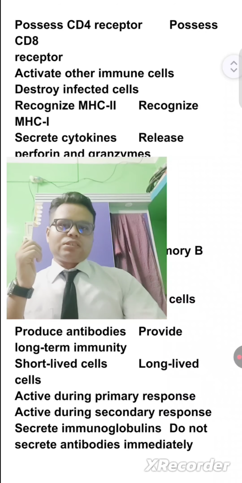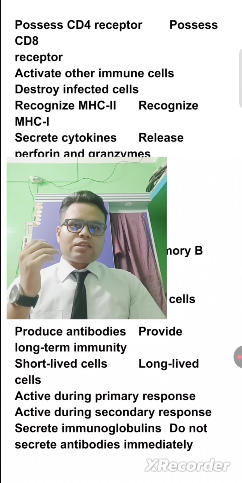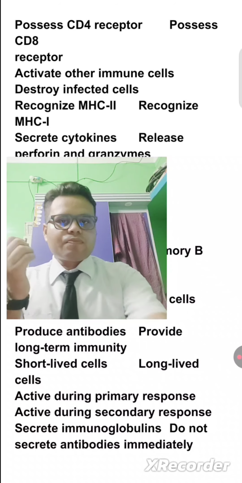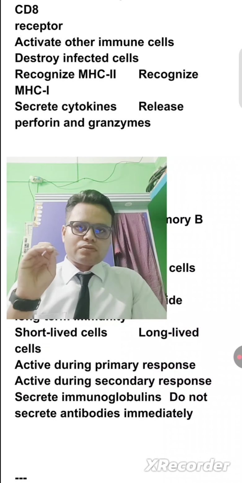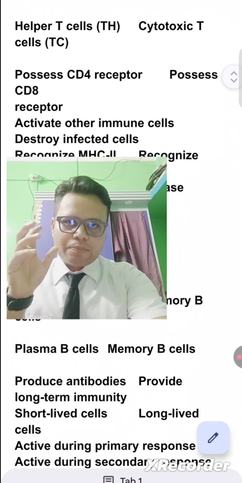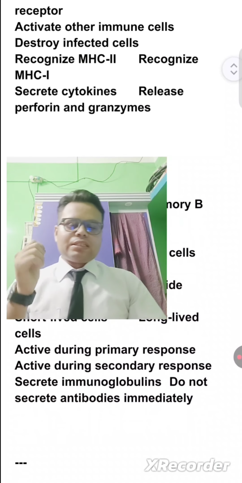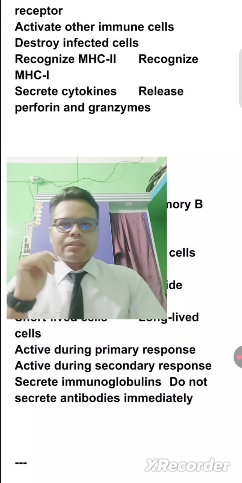This is recognized by MHC class 2, and this is recognized by MHC class 1. Next, helper T cells secrete cytokines, and cytotoxic T cells release perforin and granzyme enzymes.